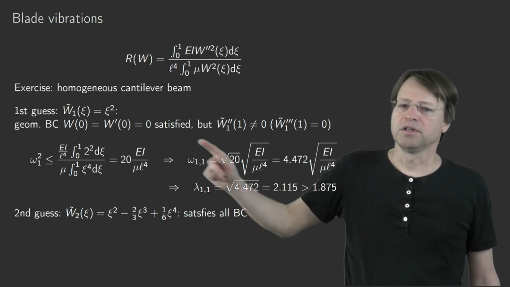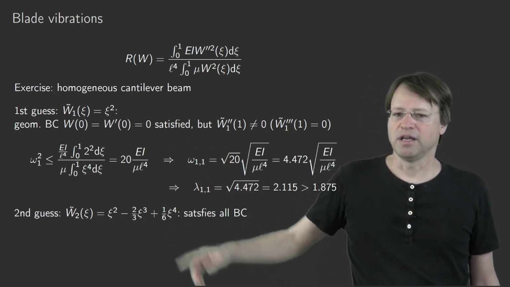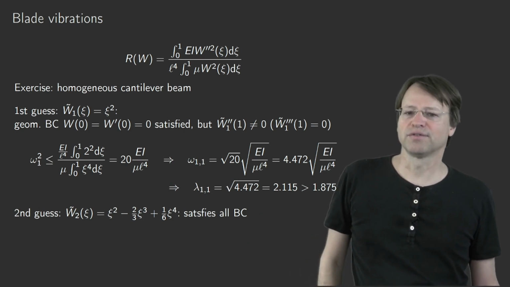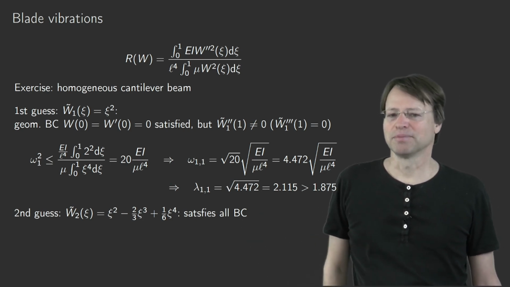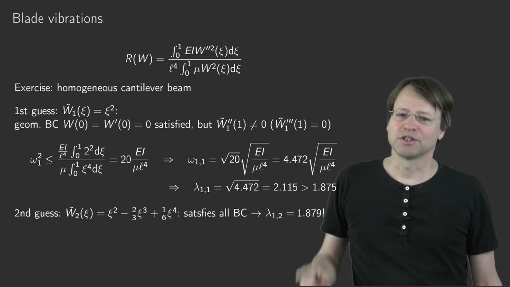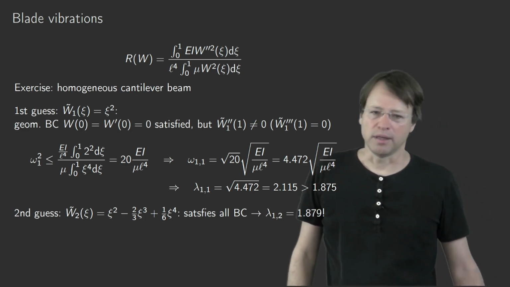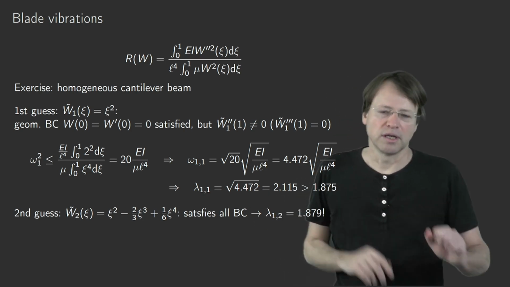Well, you repeat the computations. I believe that you are able to solve the integrals here and also to take the derivative of that expression. It just involves the polynomial. So I would just state the result. It's 1.879.